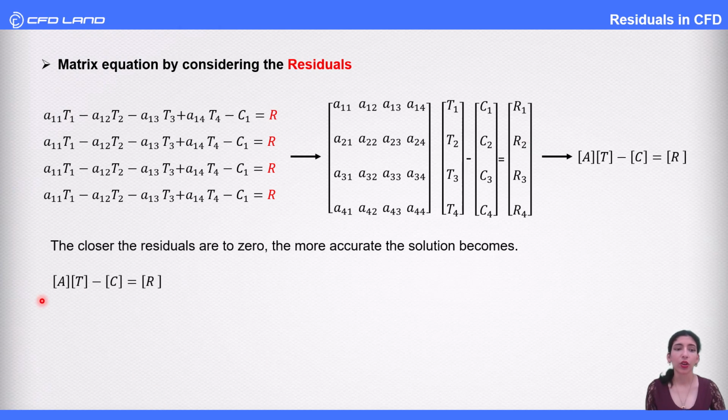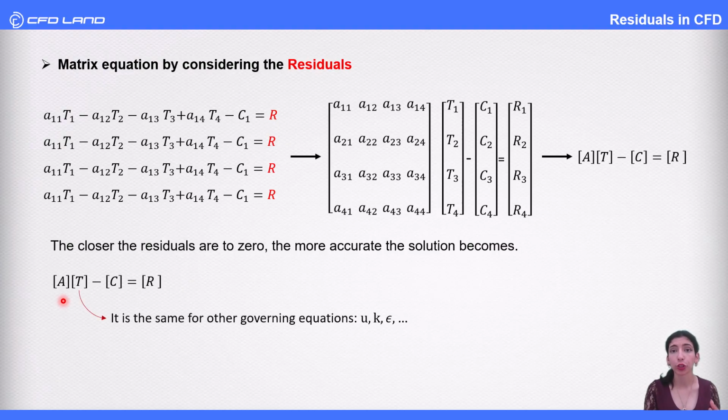Now, here we are using the energy equation, AT minus C equals R, right? But you can use this form for all governing equations, for continuity, for momentum, for turbulence equations. So the universal form is A phi minus C equals R.